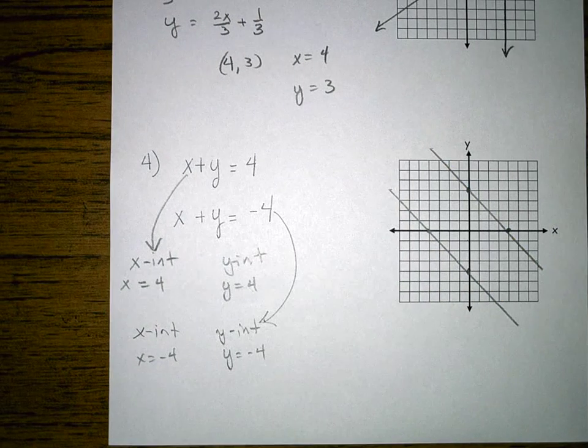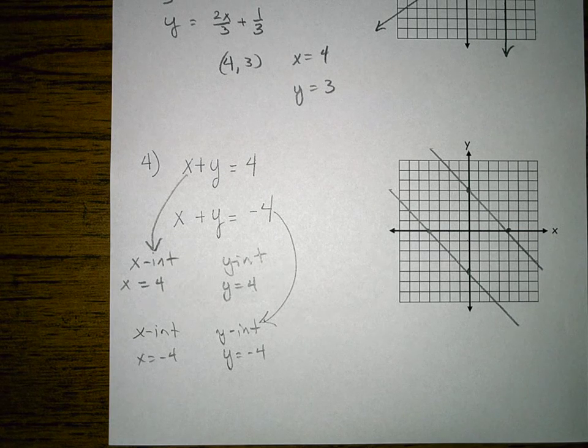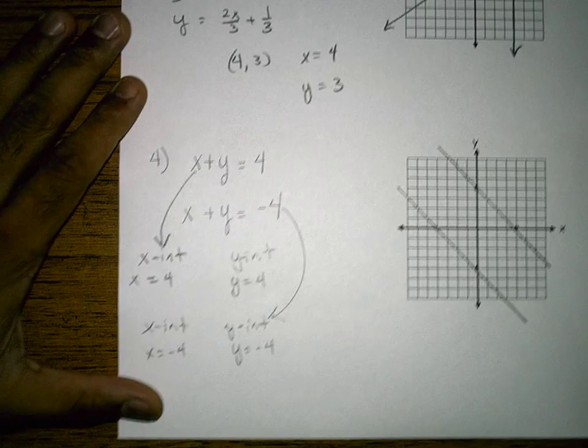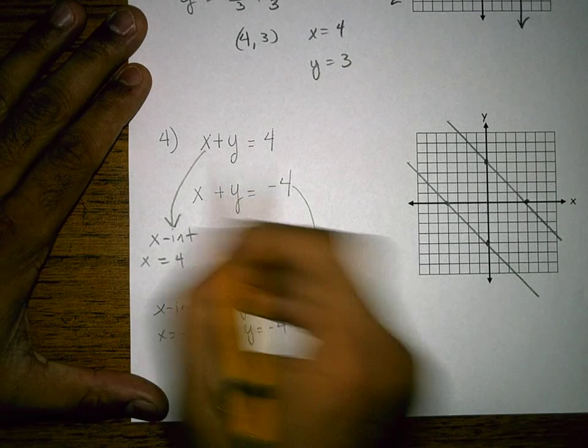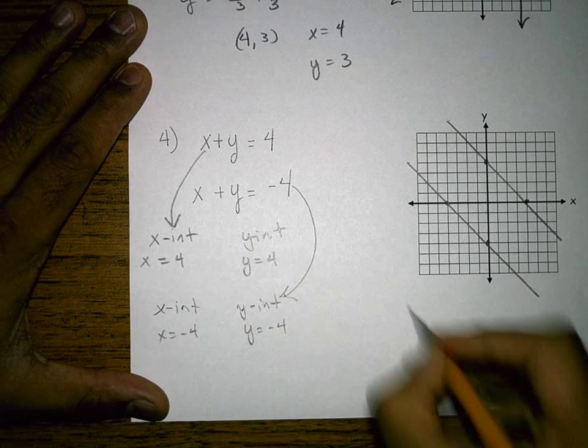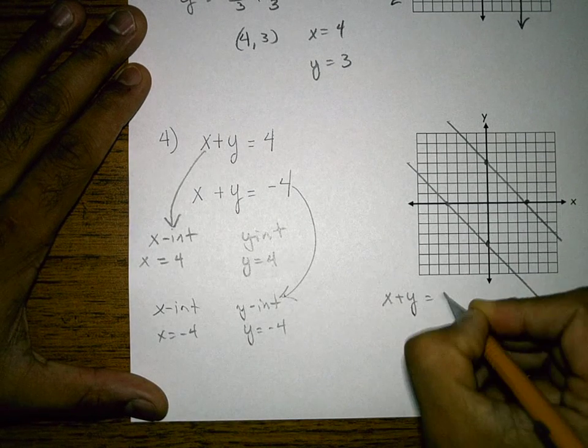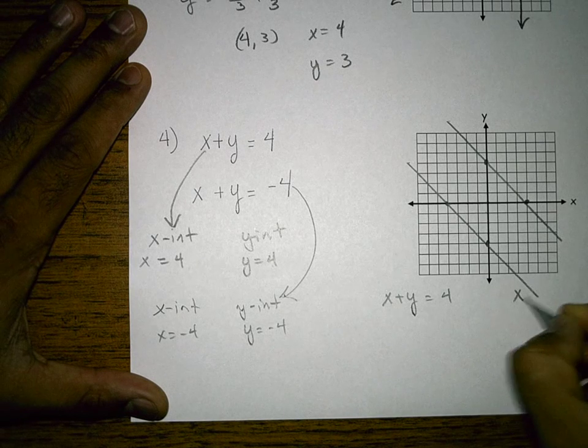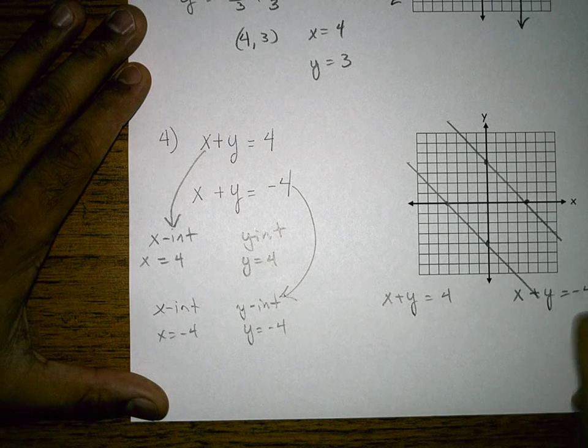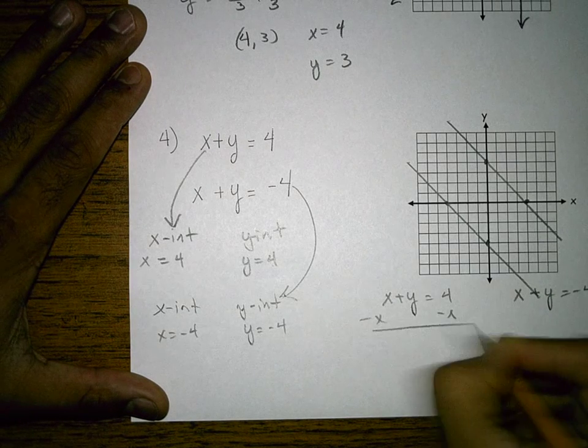And if you remember, I'm trying to find the spot at which they cross, and by what I have here, it looks like they don't. They look parallel. Well, the only way to find that out is by checking their slopes and seeing if they're the same. So I'm going to take this equation right here. I'm going to take the other one right here. I'm going to solve for y and get them in slope-intercept form.